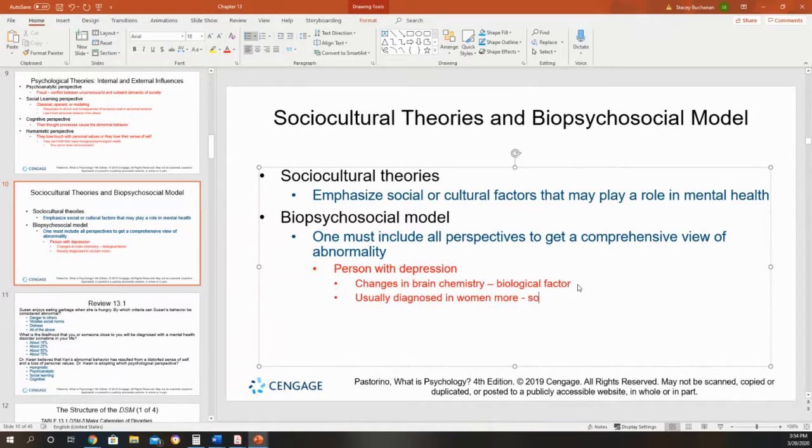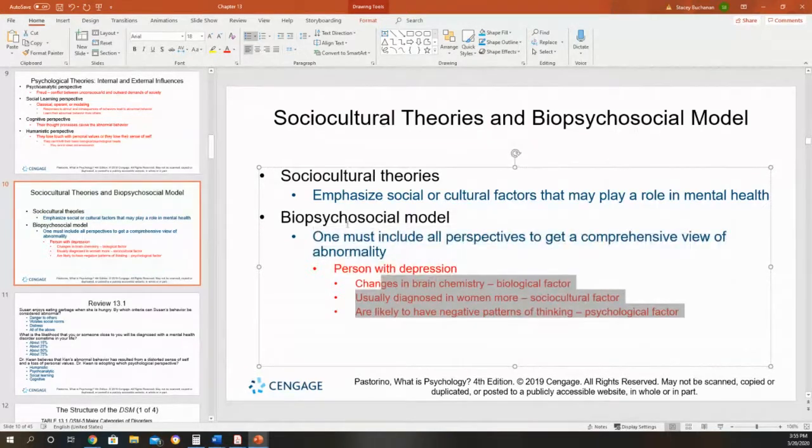That's a sociocultural factor. And people who suffer from depression are likely to have negative patterns of thinking. That's a psychological factor. So, according to this model, we have to include all these factors to get a full view of what behavior is abnormal or not.